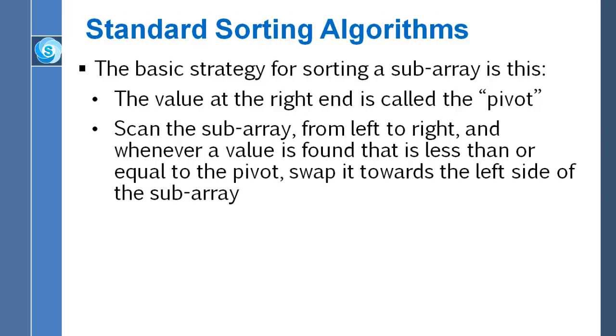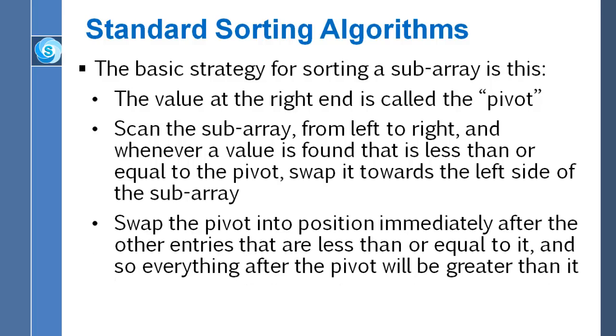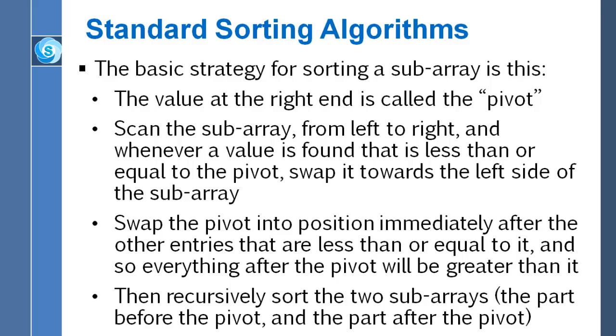We do this in such a manner that by the time we're done scanning the entire subarray, it's guaranteed that everything that is less than or equal to the pivot comes before everything that's greater than the pivot. Then the pivot itself is swapped into position and winds up exactly where it belongs in the subarray. Everything before the pivot is less than or equal to it, and everything after the pivot is greater than the pivot.